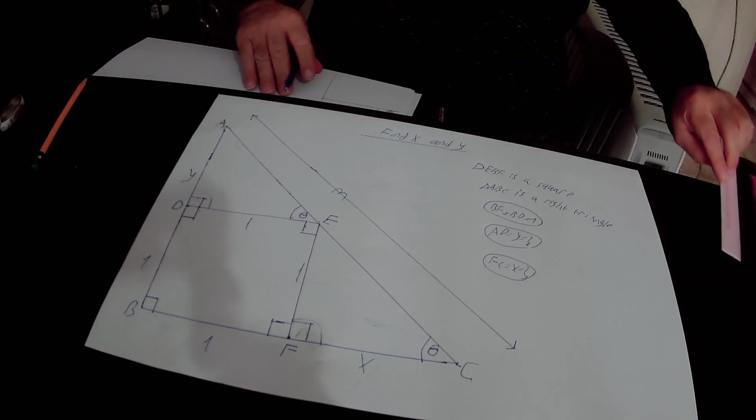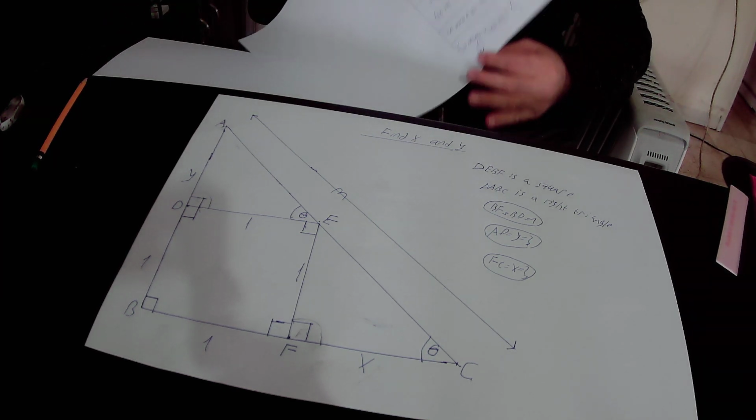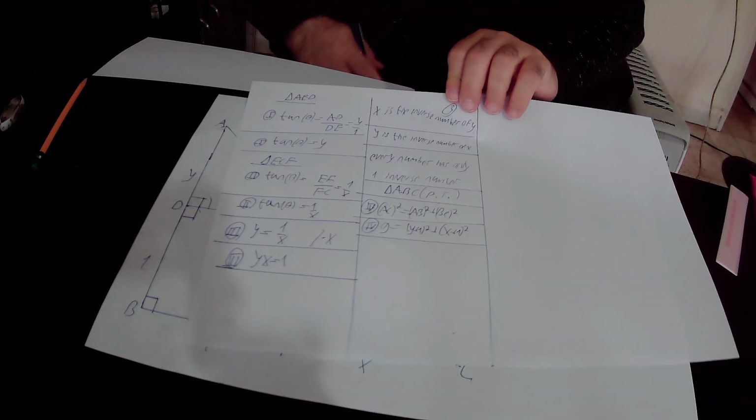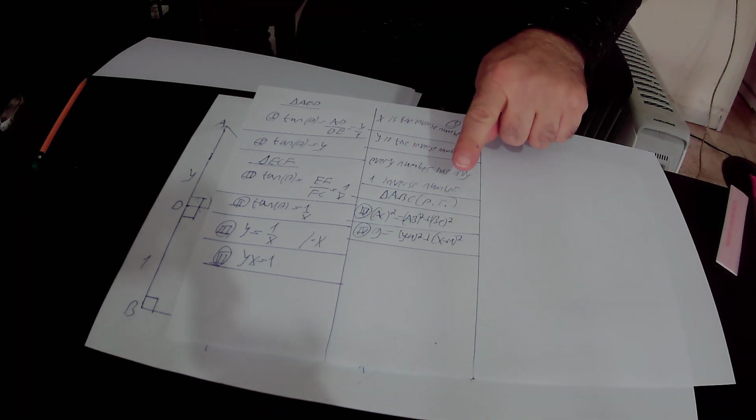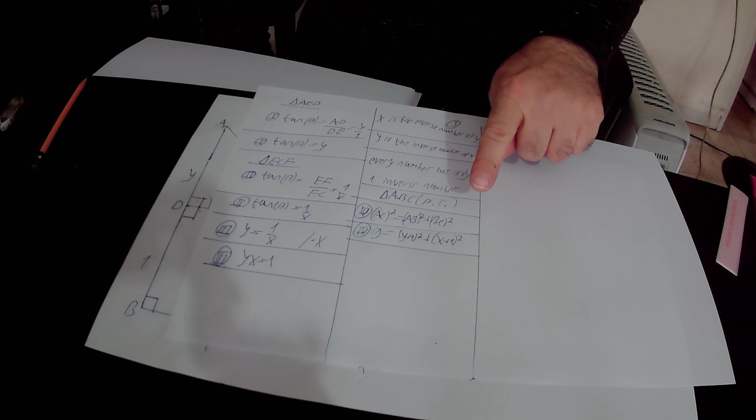So, in conclusion, we found out that according to equation number 4, 9 equals y plus 1 squared plus x plus 1 squared.